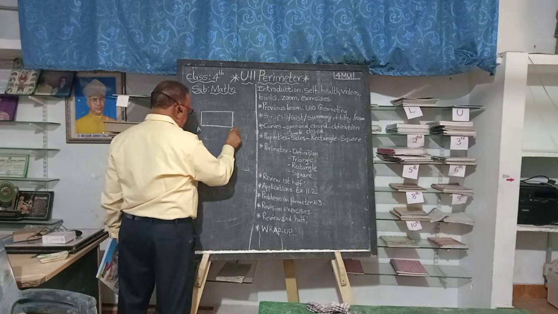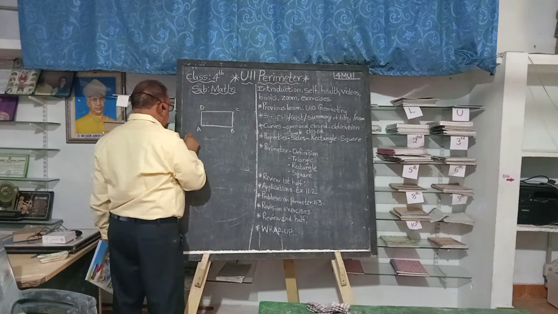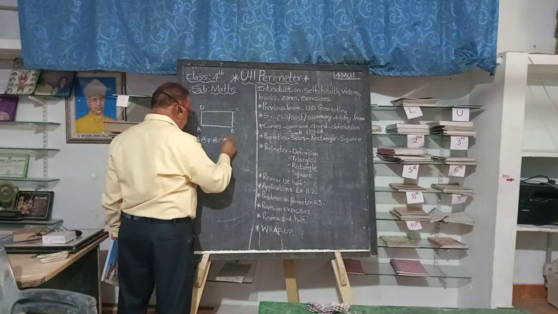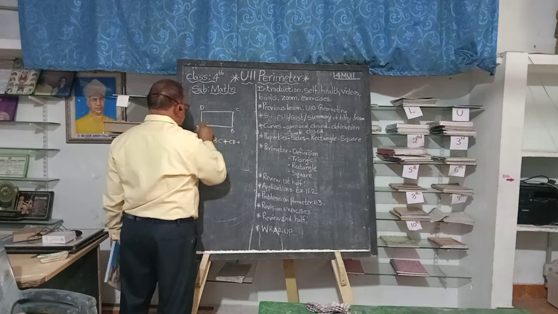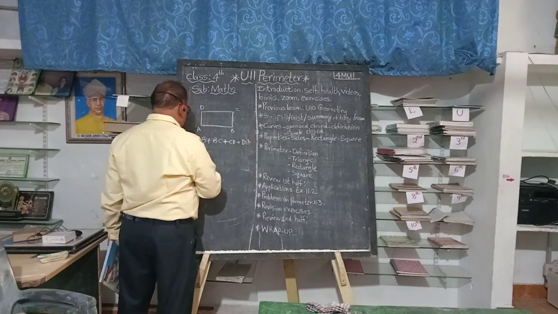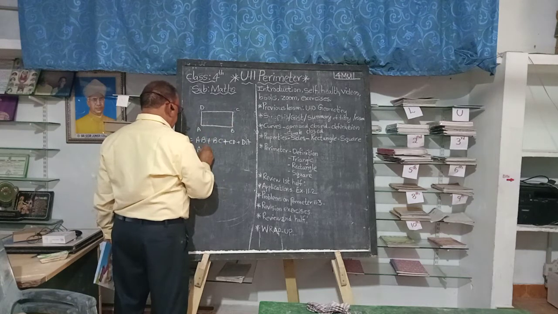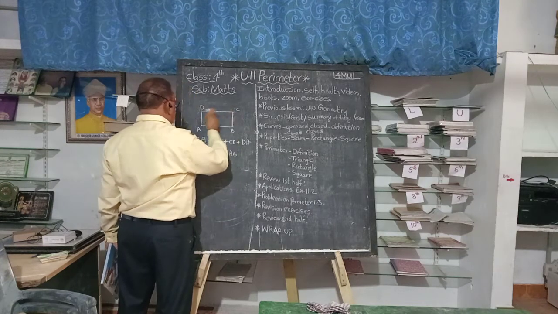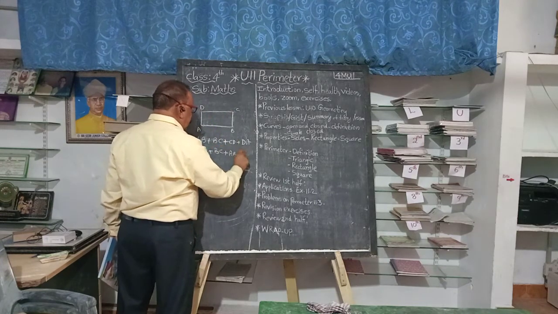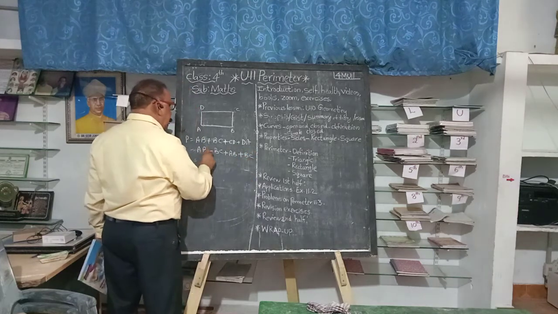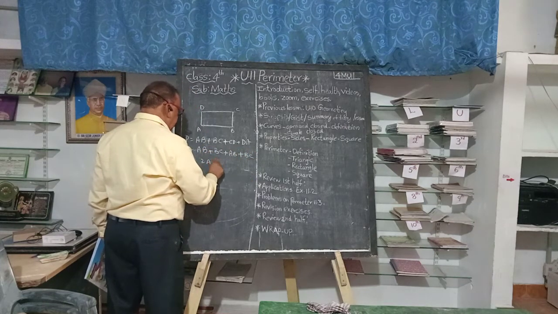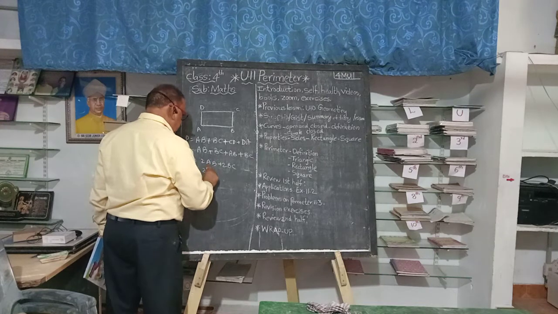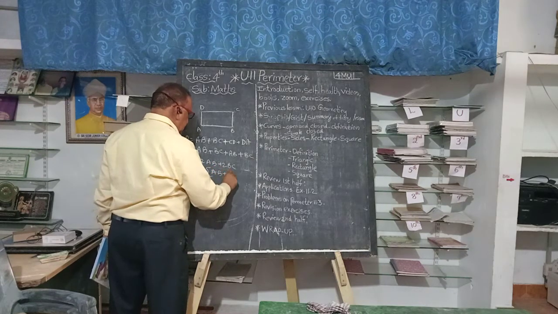A, B, C, D. So perimeter is equal to AB plus BC plus CD plus DA. But AB and CD are equal, so instead of AB plus CD I will put 2AB. Similarly BC is equal to DA, so I will write BC here also. That means 2AB plus 2BC. Taking 2 common, that is equal to 2 into (AB plus BC).